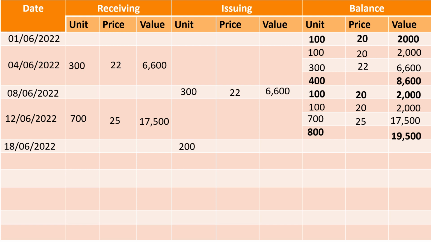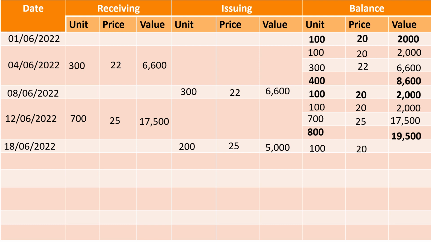So on 18th June, they have issued 200. Here, since we are going to use last in, first out, we have to refer to the current prices, which is 25. So the total value is 5,000. Now we'll see how to create the closing balance.